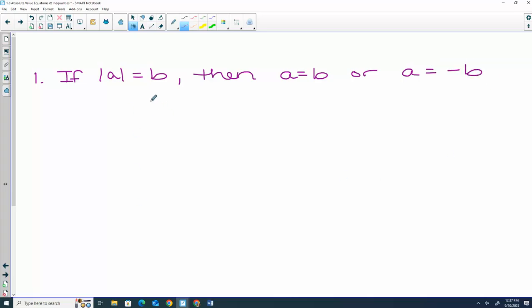So for example, if I said the absolute value of x equals 3, then that means x could be 3 or x could be negative 3. So if we were solving equations, we just set up 2 separate equations, set it equal to the positive and the negative, and solve them.